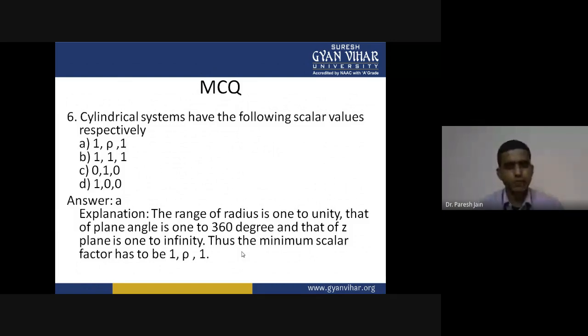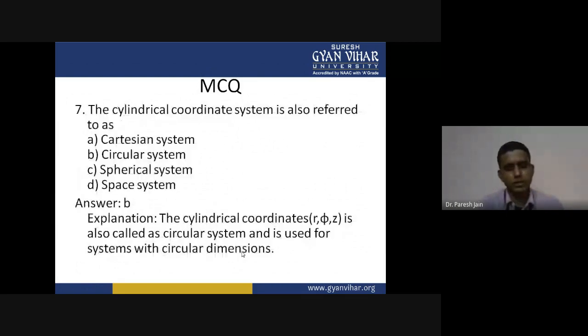Thus, the scalar factors have to be 1, rho, 1. So it shows the cylindrical system.